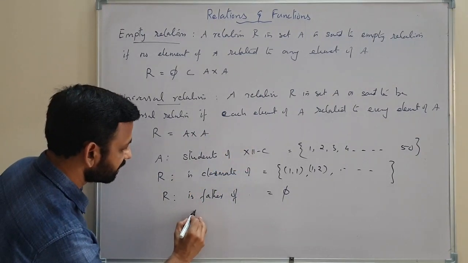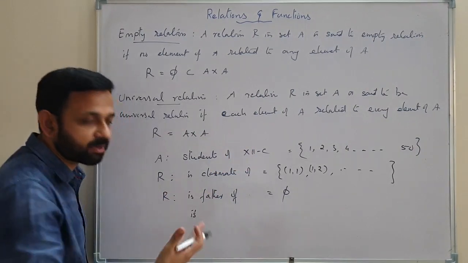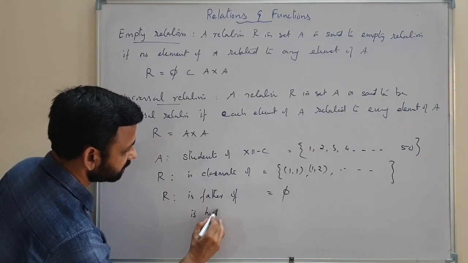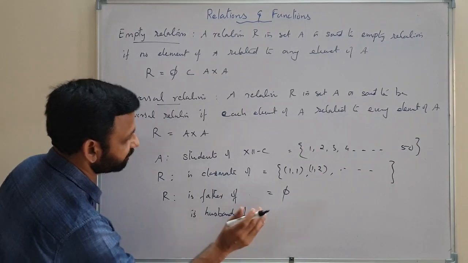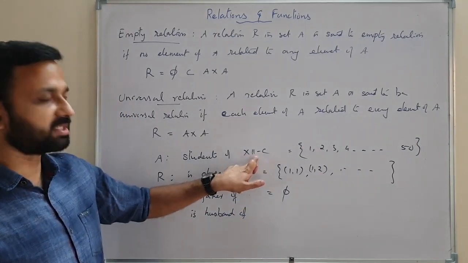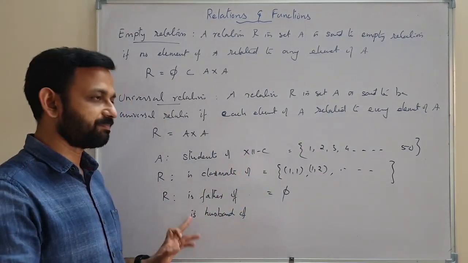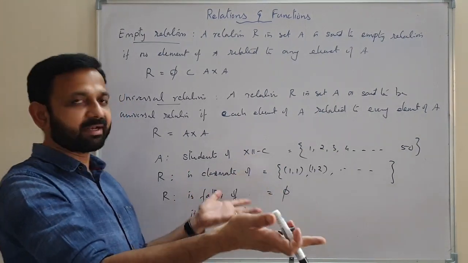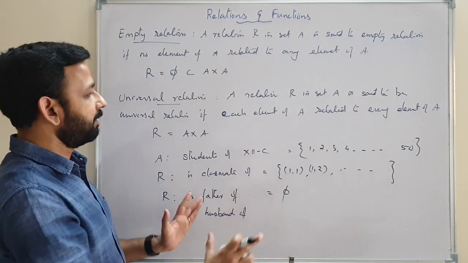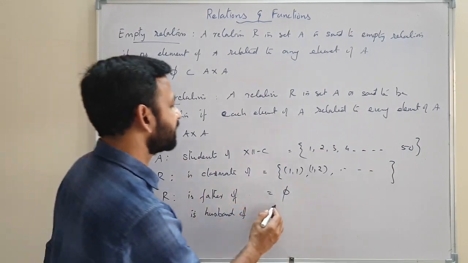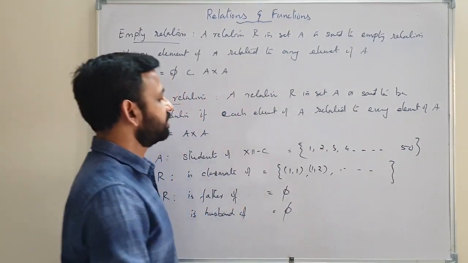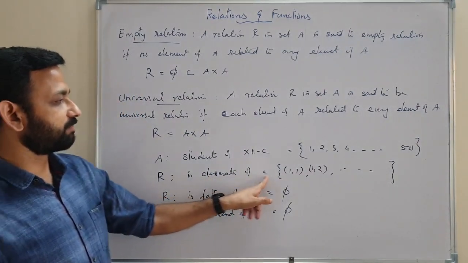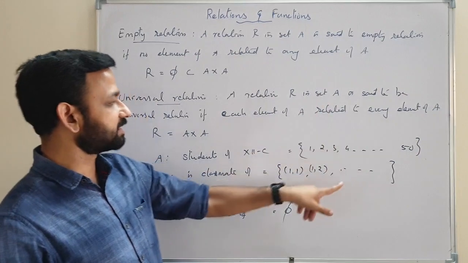Similarly, is husband of or is wife of. We don't get any pair from 12th C satisfying this condition. Roll number 3 is husband of roll number 10? Like that we don't get any pair from 12th C. So that is an empty relation. So these are examples for empty relation, and "is classmate of" is an example for universal relation.